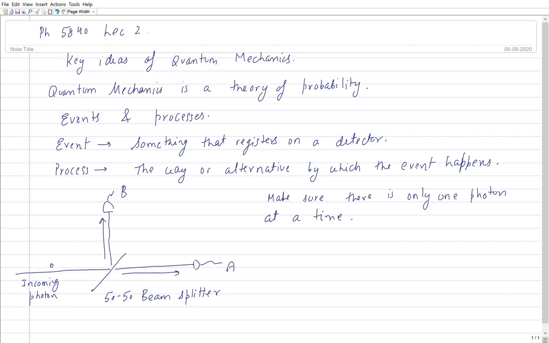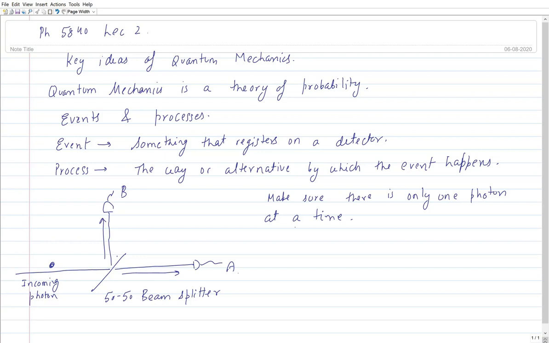So I make sure there's only one incoming photon. Either it goes this way or it goes this way, to either A or B. Then I wait for half an hour maybe, and I repeat this experiment.